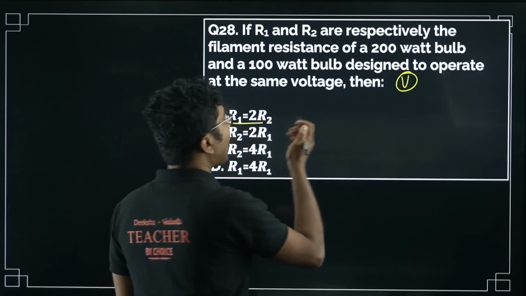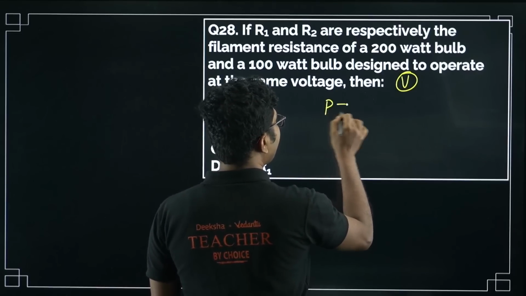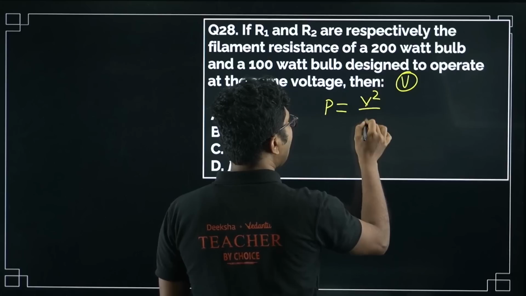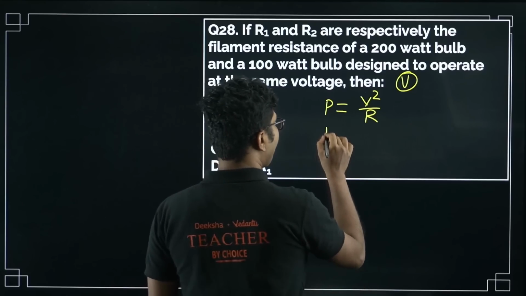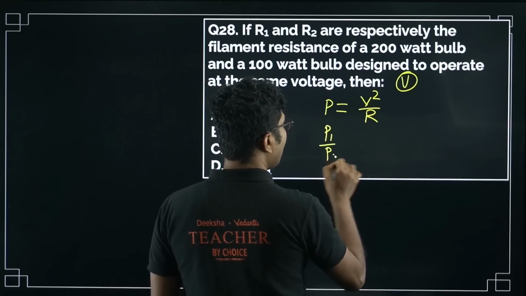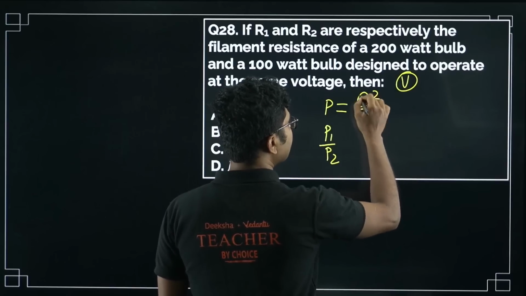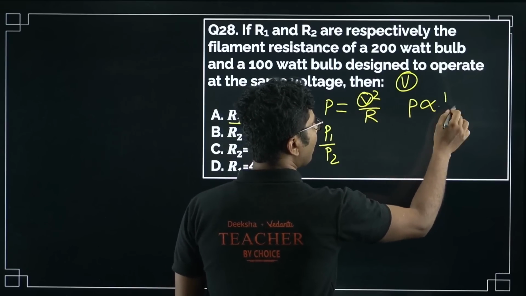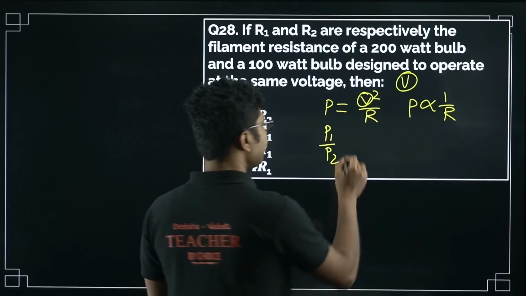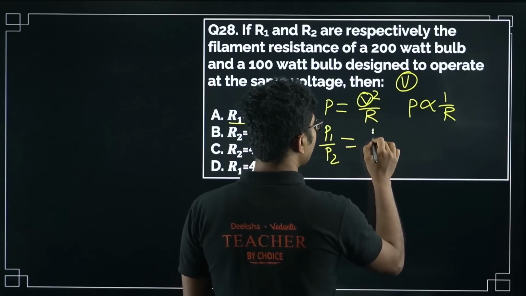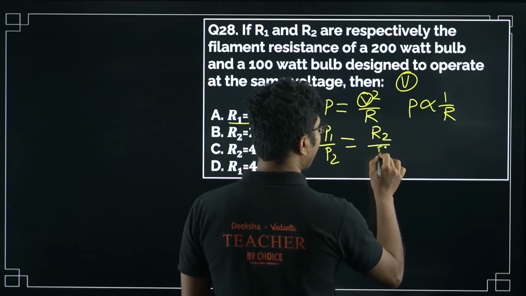Okay, we know that power equals V square by R. So if voltage is constant, power is inversely proportional to resistance. So P1 by P2 equals R2 by R1.